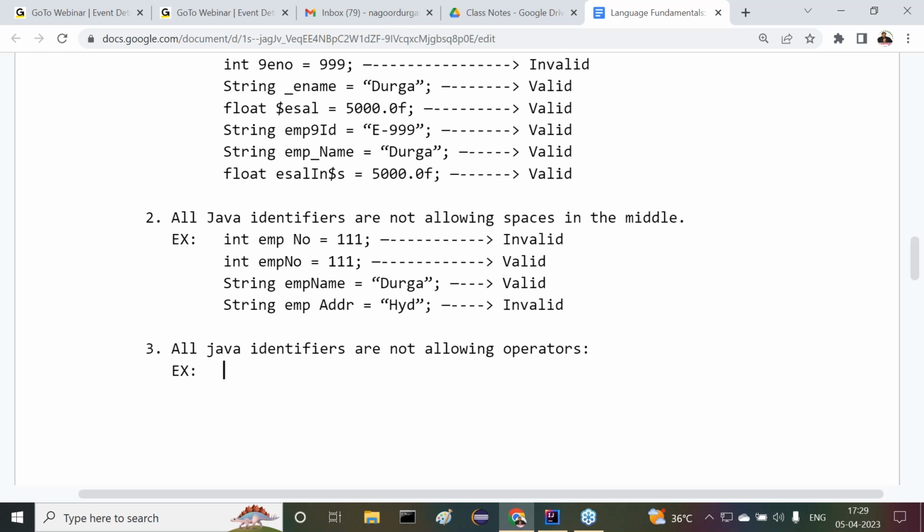Let's see some examples. String emp dot email is equal to @durgasoft.com. I've written it. Next one, float emp plus sal is equal to some value here we provided.